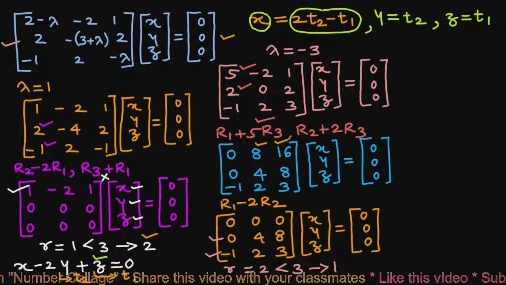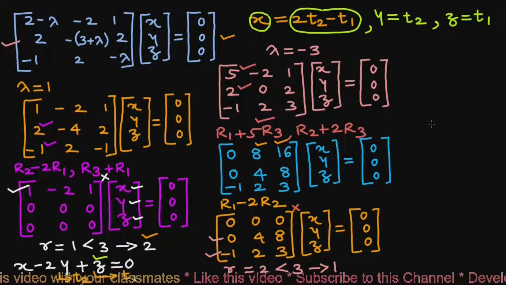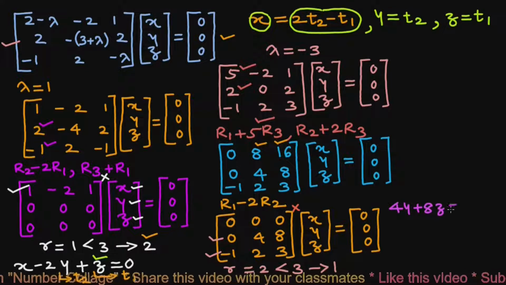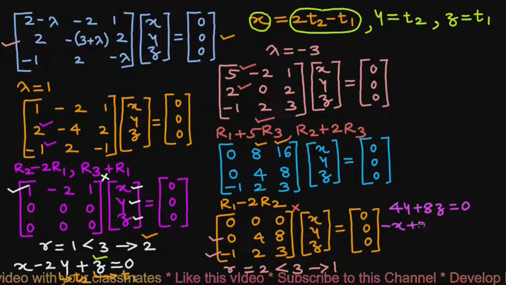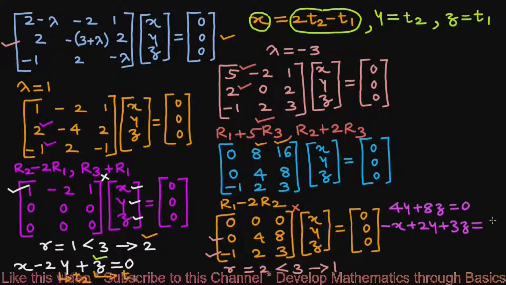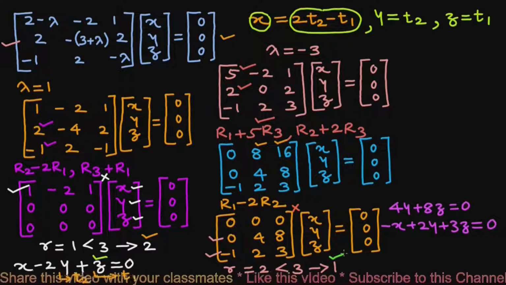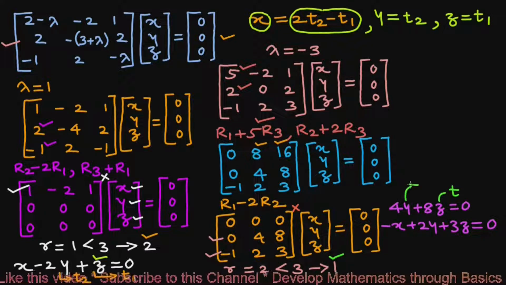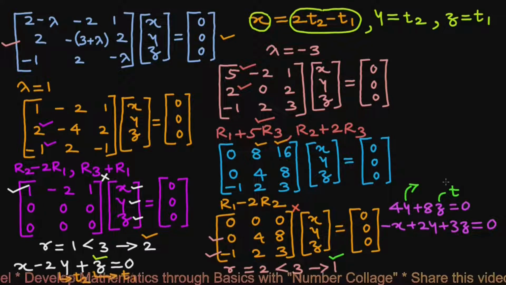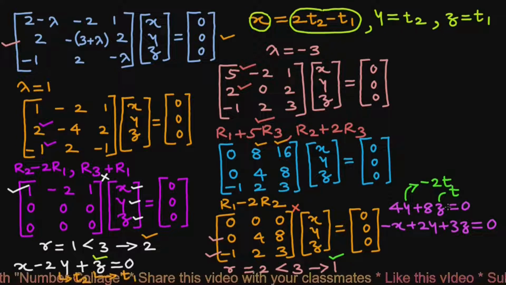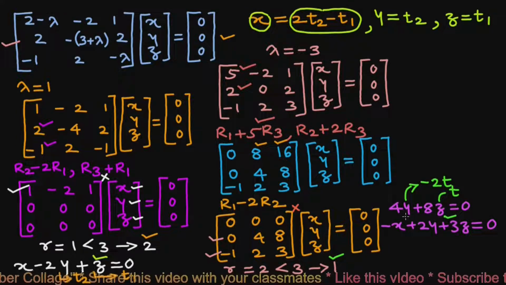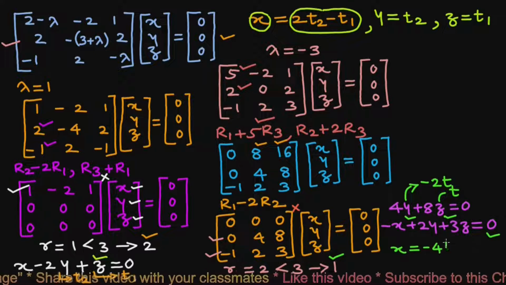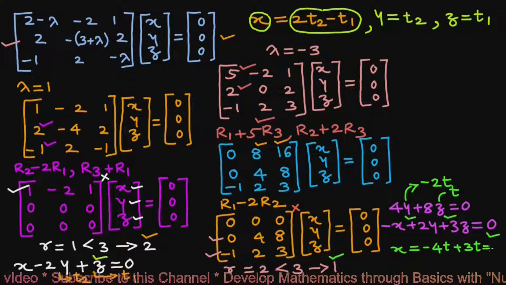First we will write the product of these two matrices and write the equations. 4y plus 8z equals 0, minus x plus 2y plus 3z equals 0. We will assign one parameter to this z, which is t, so that this y becomes minus 8 upon 4, that is minus 2t, and using these values of z and y in this equation we get x equals minus 4t plus 3t, that is minus t.